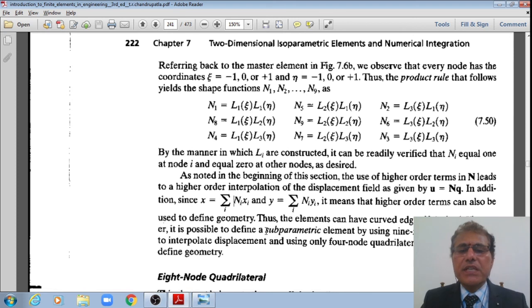Then such formulations are called subparametric formulations. It means x is equal to N1 x1, N2 x2, N3 x3, N4 x4. y is equal to N1 y1, N2 y2, N3 y3, N4 y4. Then such formulation is called subparametric formulation.